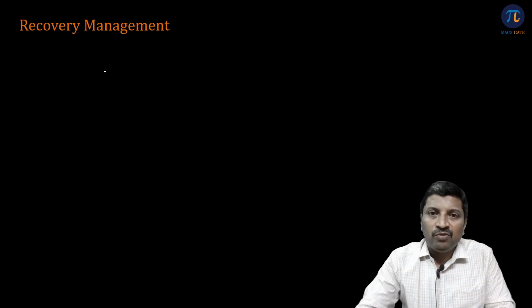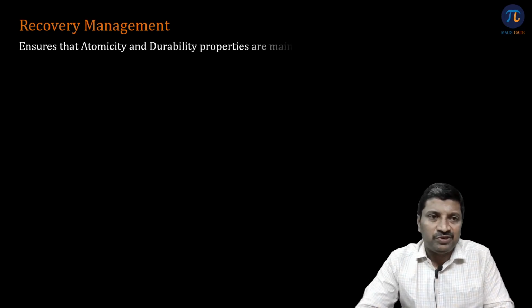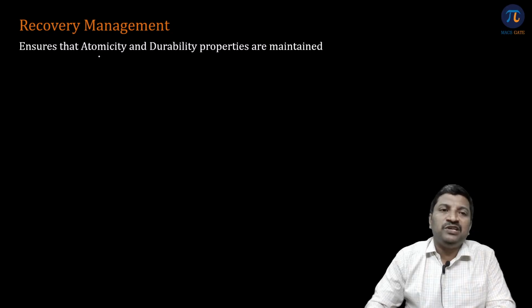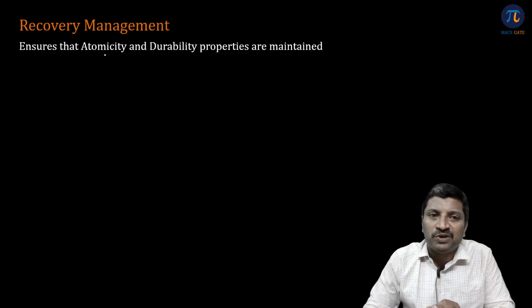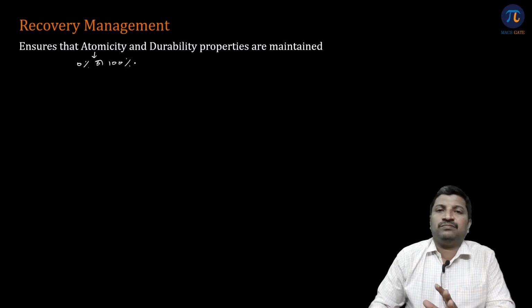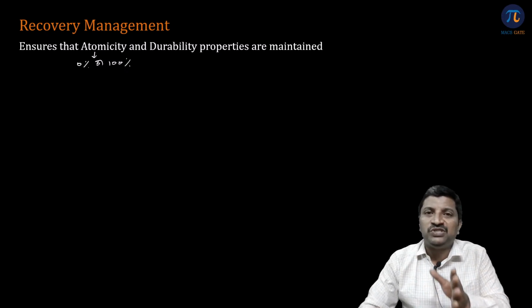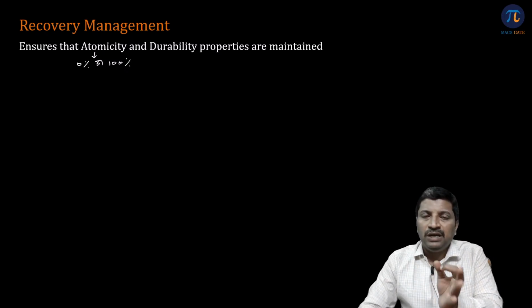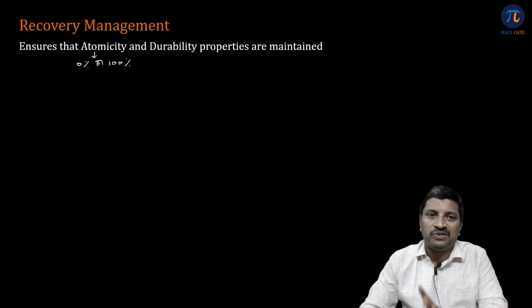Recovery management. What are the schemes in recovery management? Recovery management is mainly responsible for atomicity and durability. What is atomicity? Every transaction should be completed either 0% or 100%. That is the main one. It should not be stopped or stuck in between 0% and 100%.